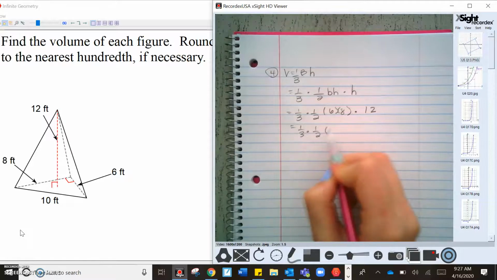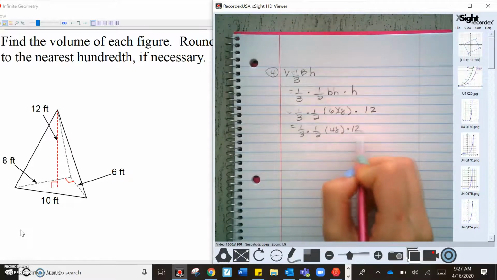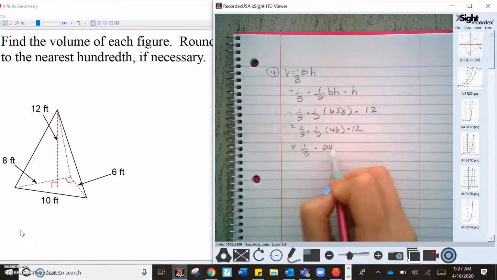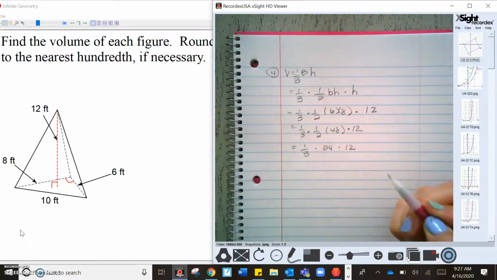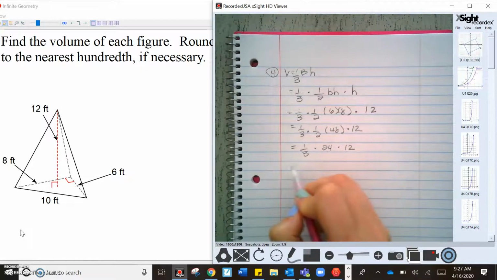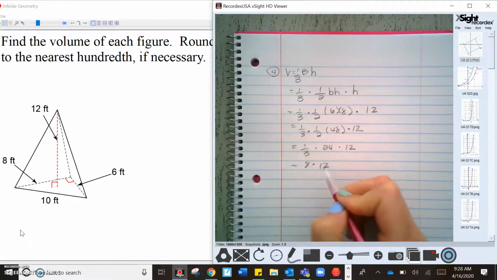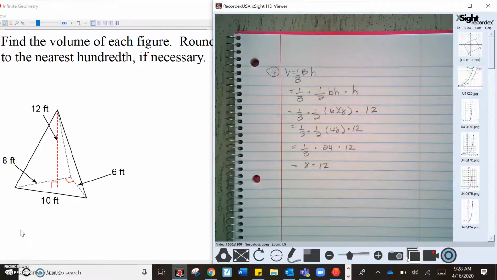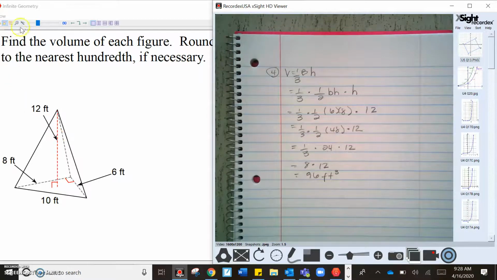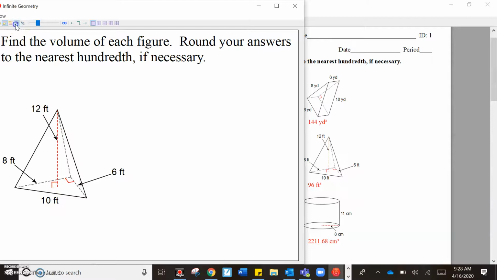So half of 48 times 12, this is 1/3 times 24 times 12. So I know 1/3 of 24 is 8. 8 times 12 is 96 feet cubed. Bang.